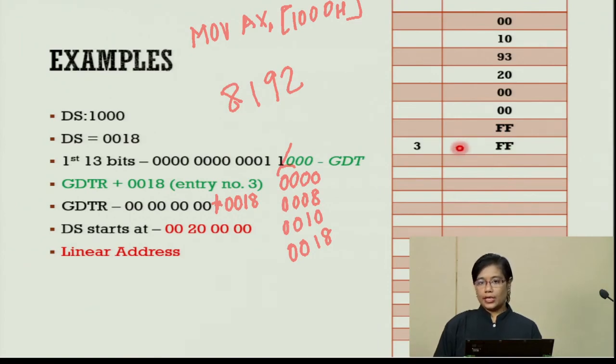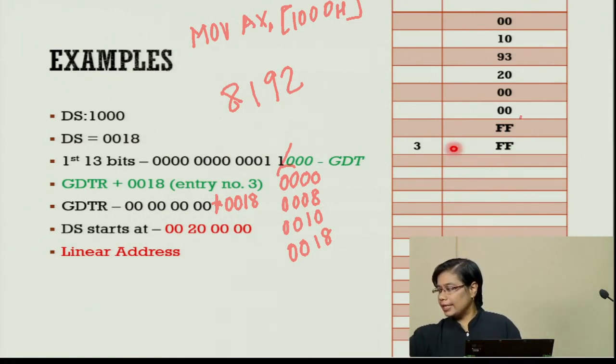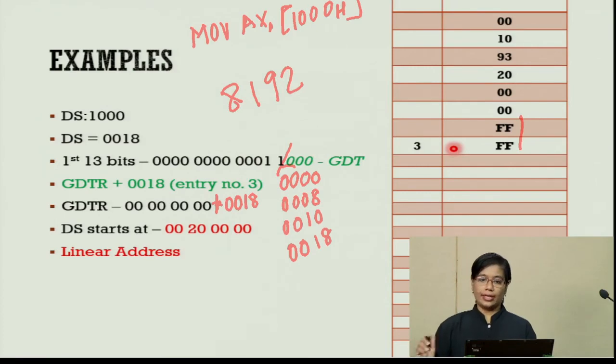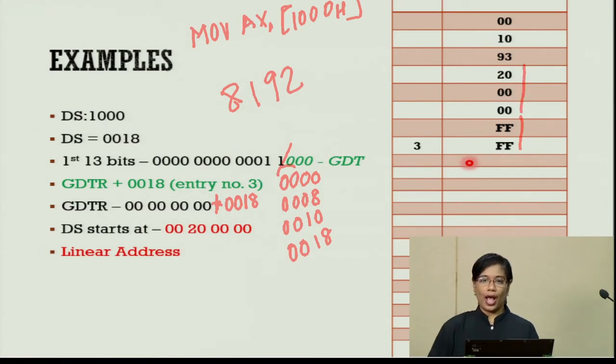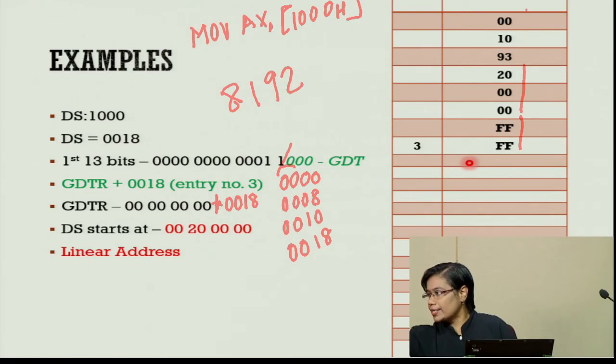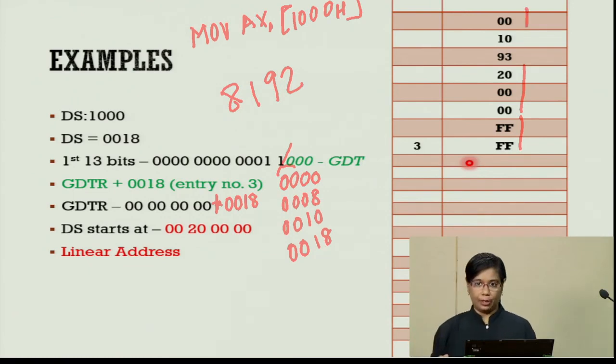Now we know that the first 2 bytes give the limit. Whether it is 80286 or whether it's going to be 80386, the first 2 bytes are going to give the limit or the size. And the next 3 bytes are going to have the base address. And also the last byte is going to have the rest of the 8 bits if it is going to be 80386.